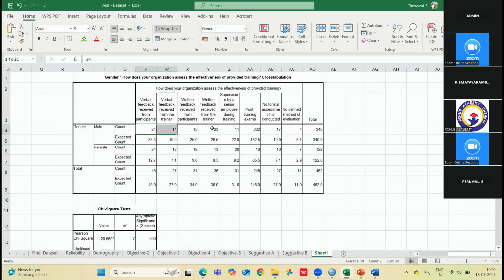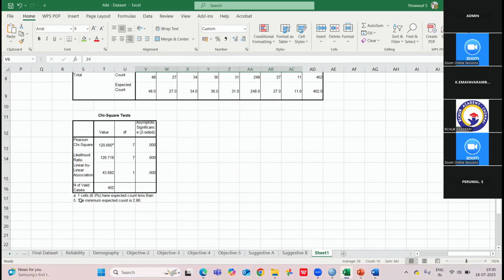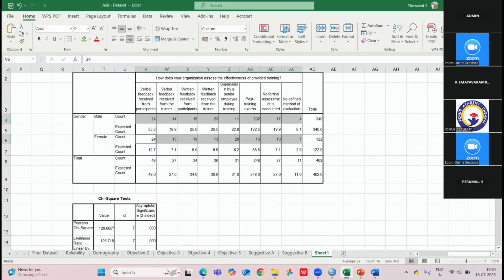When you perform chi-square statistics, you need to make sure that the expected count values are greater than 5 in most of the cells. Here, if you see, one cell, that is 6.3%, has the expected count less than 5. So that is not a problem.